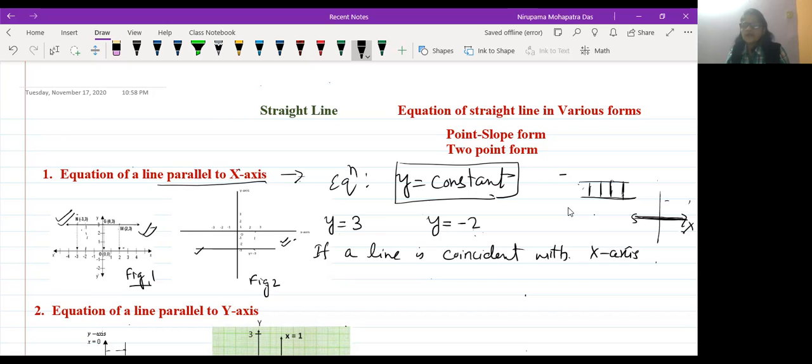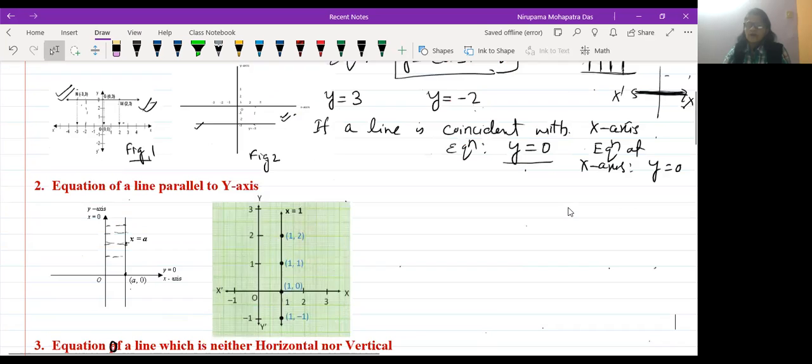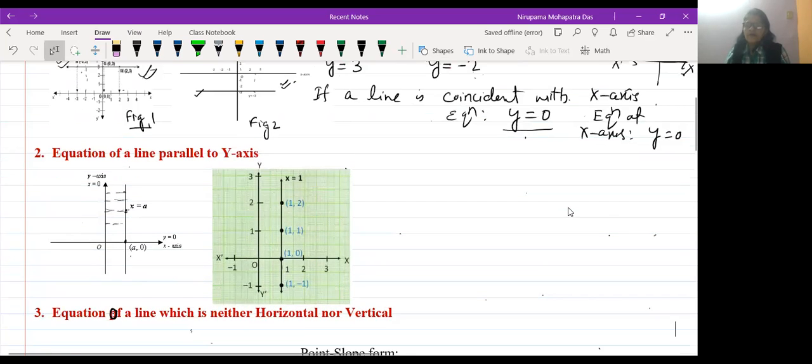So the distance of the line from the x-axis will be 0, and the equation of the line will be y equal to 0. So the equation of the x-axis is y equal to 0, and any point on the x-axis has y coordinate 0.